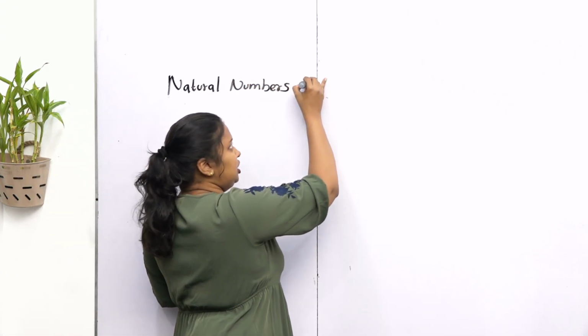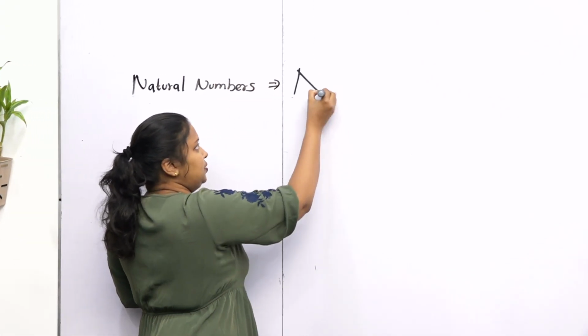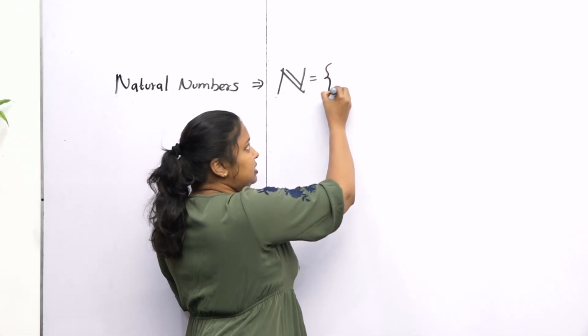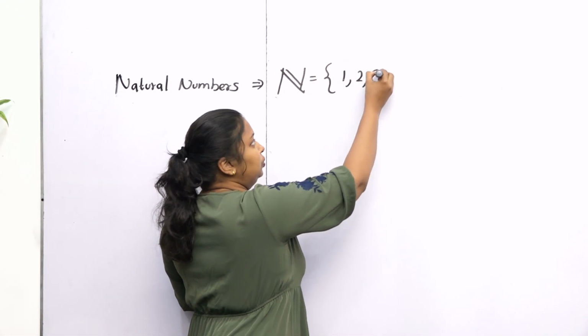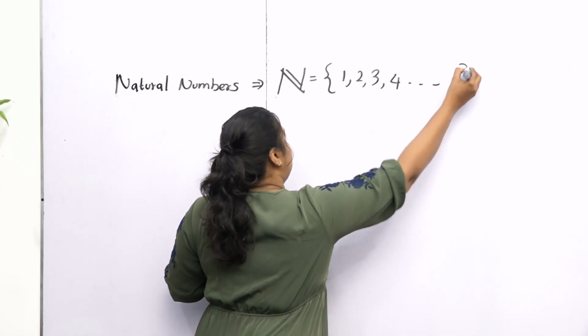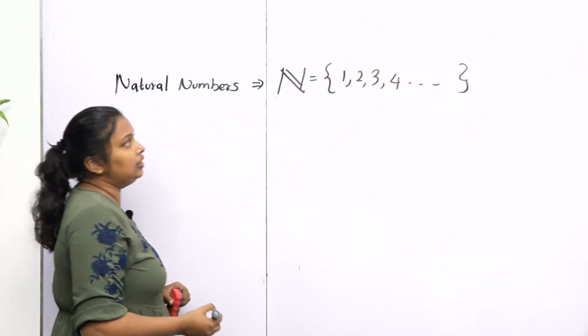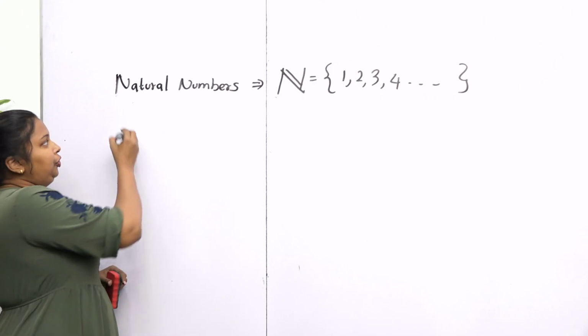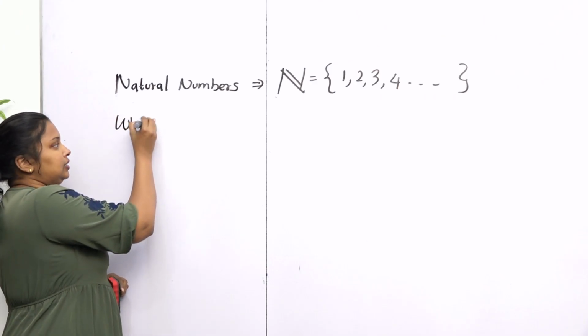So how to represent natural numbers? Using this N. And what are the elements in this set? 1, 2, 3, 4, 5, 6, 7, 8. The numbers that we use to count. Clear? Then we are going to talk about the whole number set.